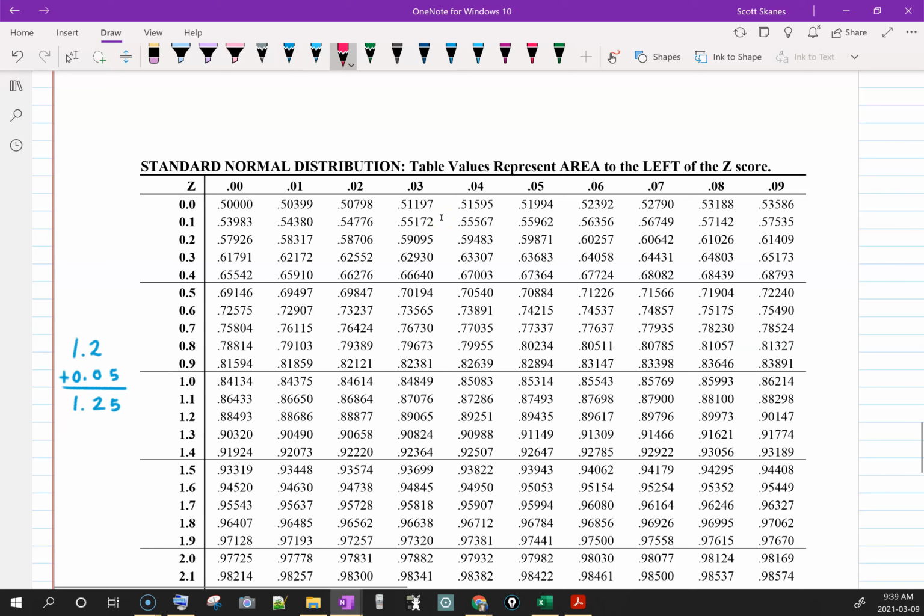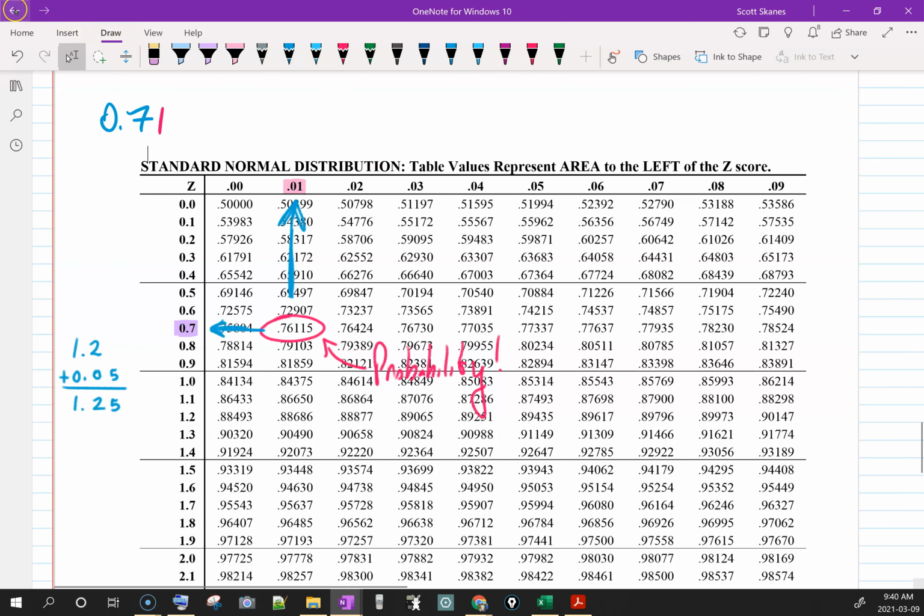And what I find is 0.7611. This one. This is a probability, and what it's going to give me back is my z-score. You can read it off. 0.71. So my z-score is 0.71.